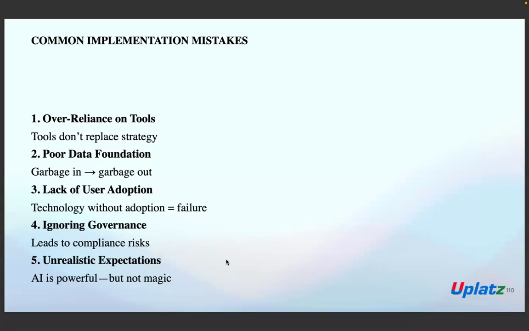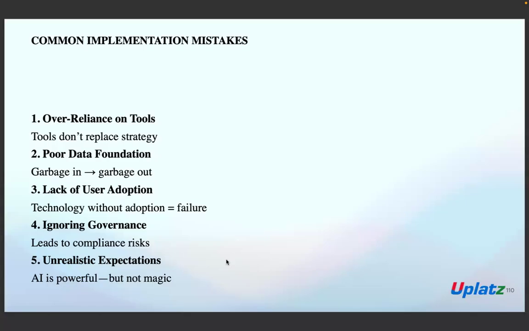The tools don't replace the strategy. The second is poor data foundation. Always remember that garbage in will lead to garbage out.